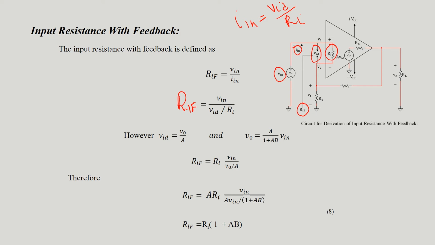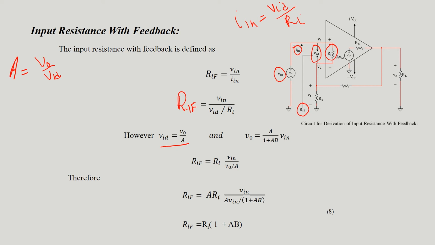We also know that the gain A is equal to V naught by VID. From that we can calculate VID, the differential voltage across the input, which is equal to V naught by A, where A is the open loop gain.